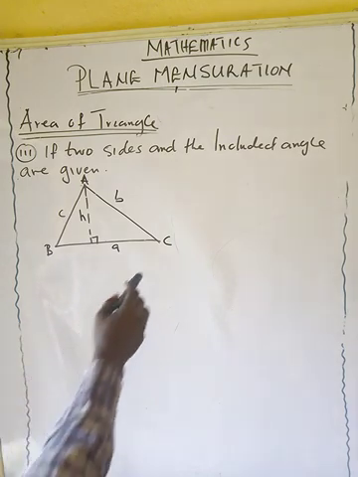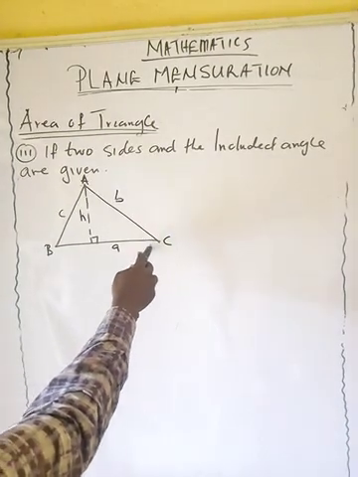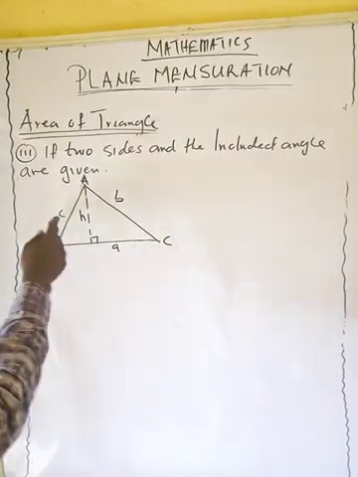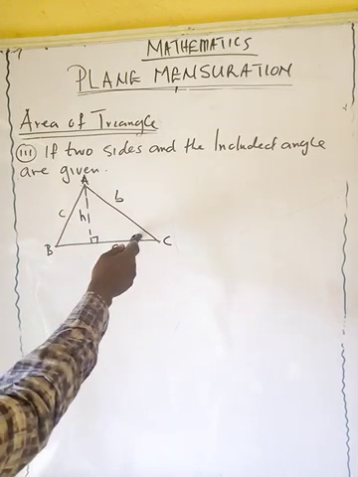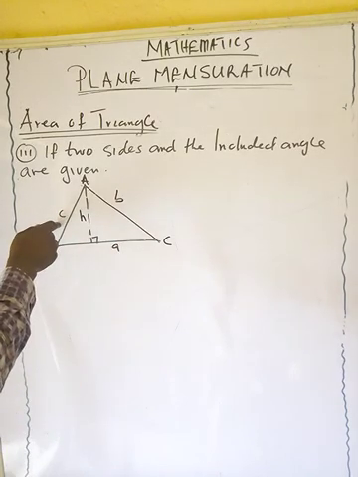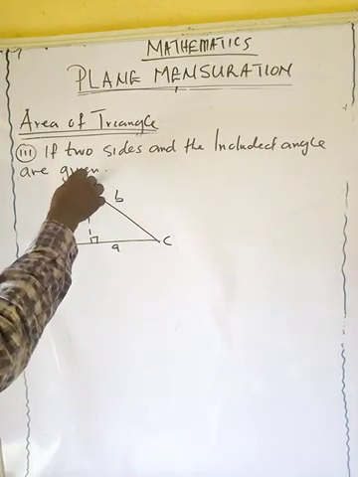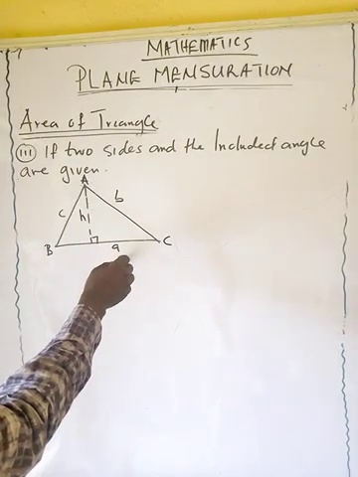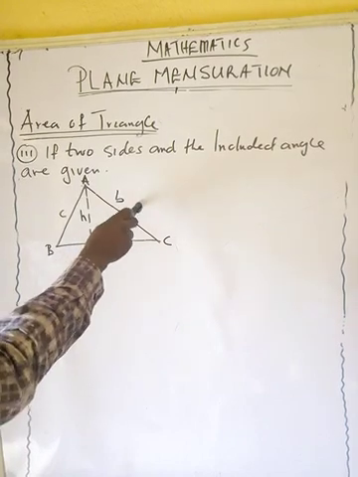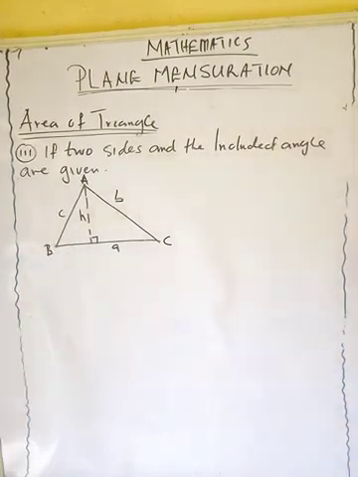So if you look at this angle C, the side facing angle C is small letter c. This is angle A, the side facing capital letter A is small letter a. This is angle B, the side facing angle B is small letter b.